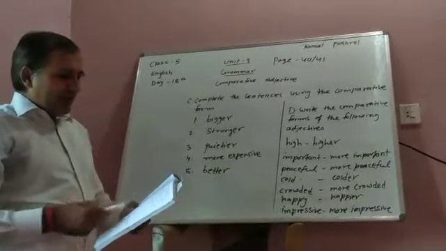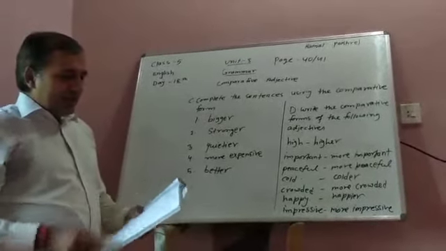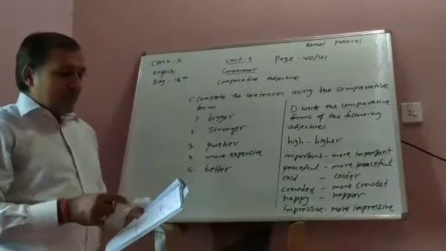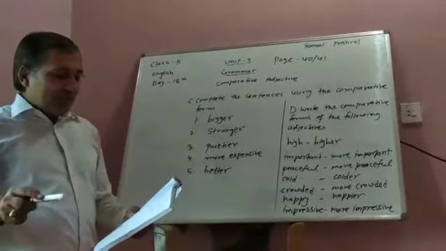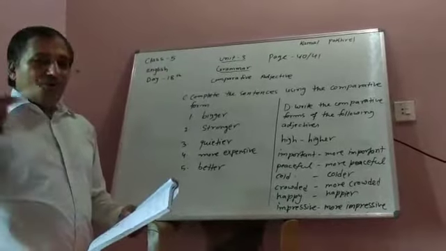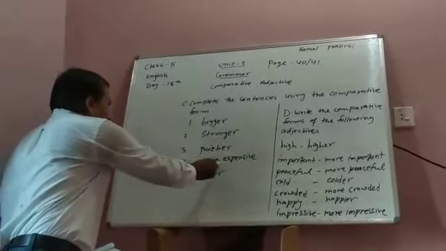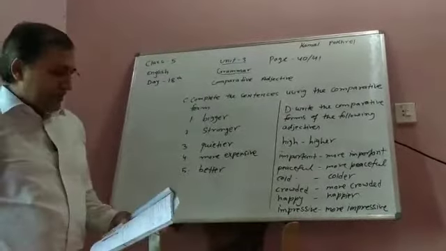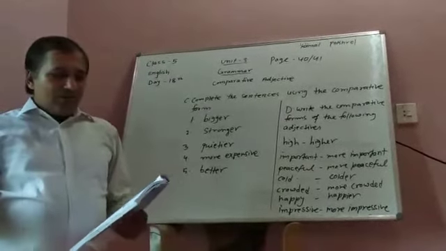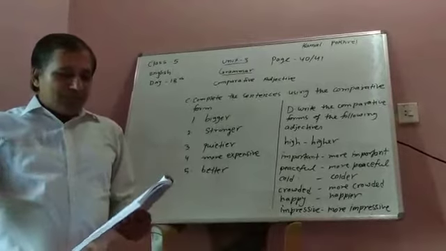Question number 4. The hotel was cheap. I expected it to be more expensive. The comparative form of expensive is more expensive.